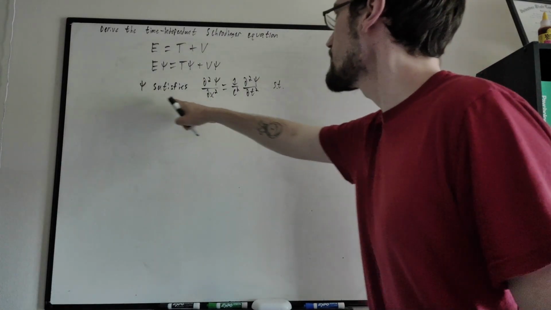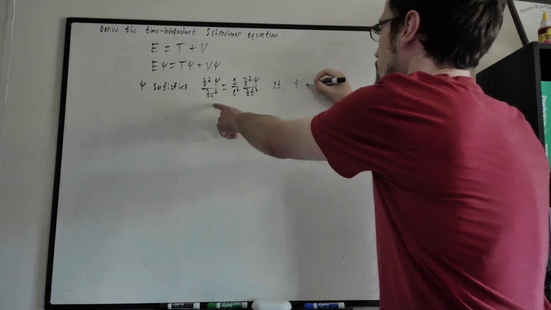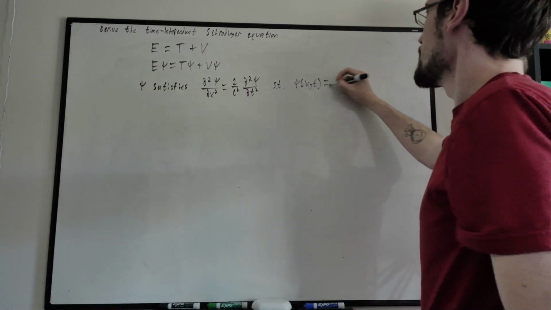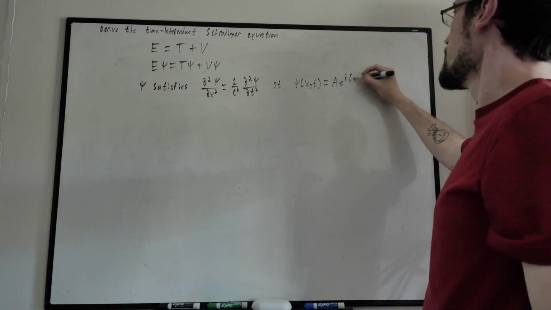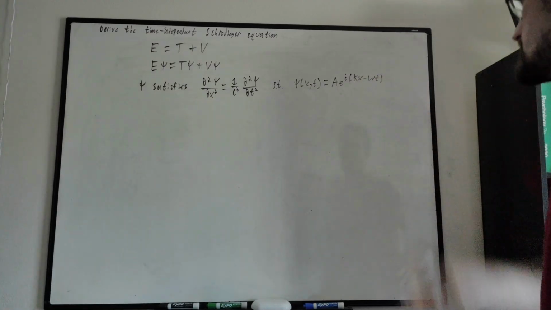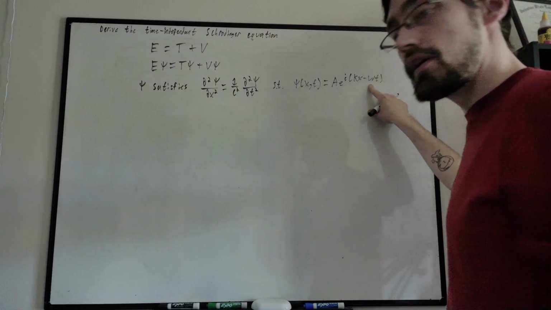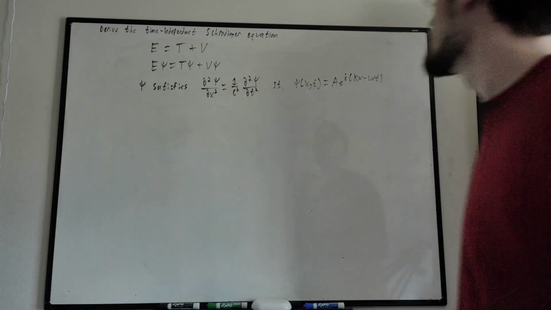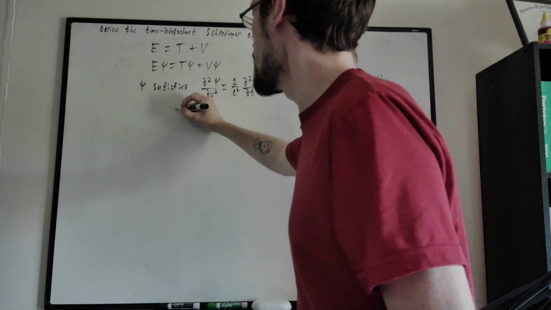So psi satisfies the wave equation such that psi in terms of coordinates x and t is equal to a coefficient A times e to the i times (kx minus omega t), where k is called the wave number and omega here is called the angular frequency. So let's go ahead and use this here to calculate the second derivative of psi in respect to x.